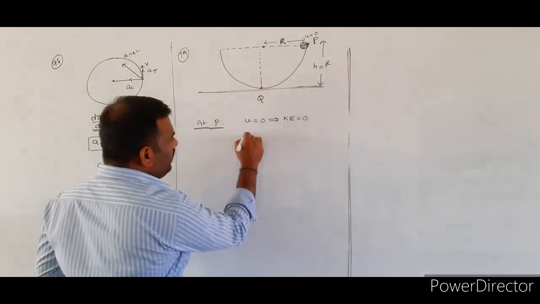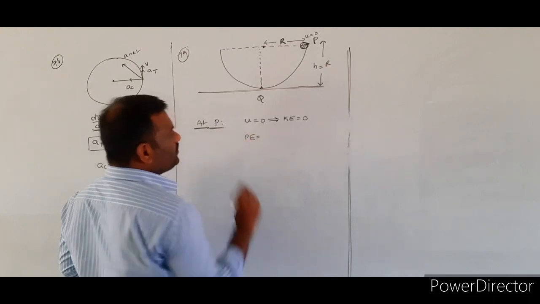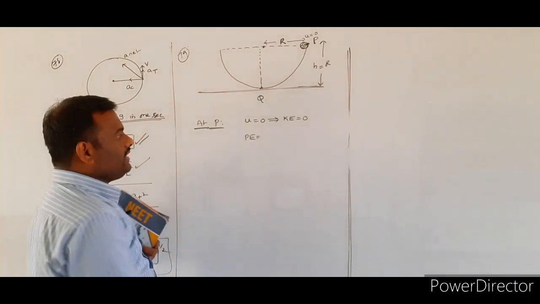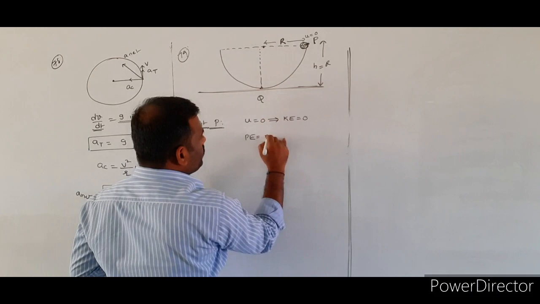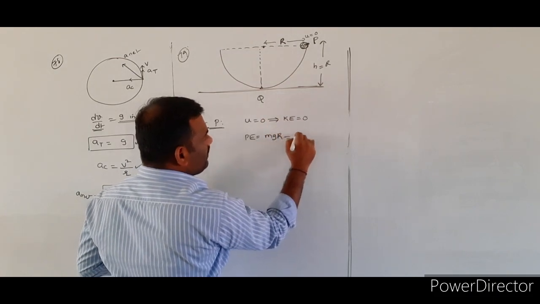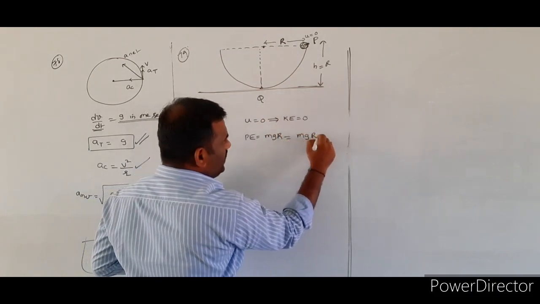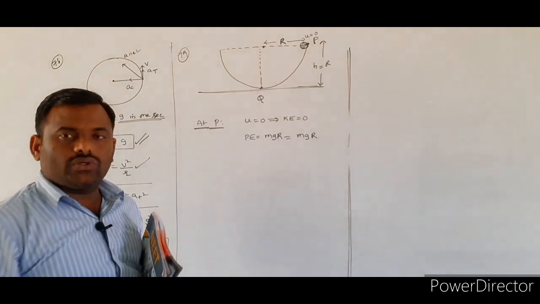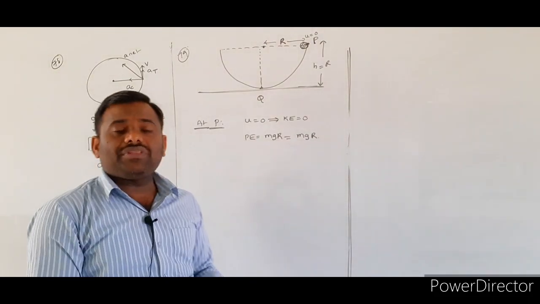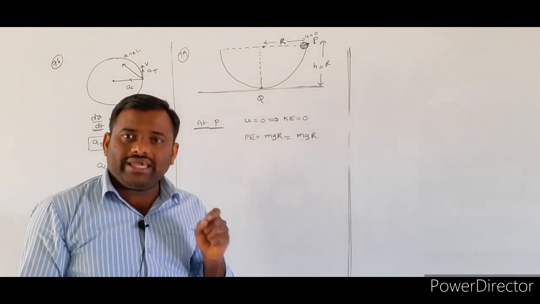According to the potential energy definition, potential energy is equal to mgh, that value is equal to mg into R. But at any one point, total energy will be conserved.